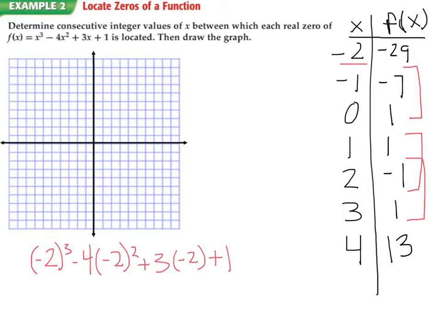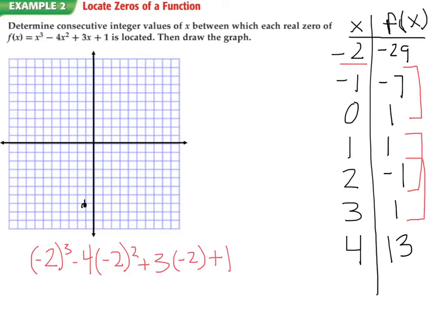So if we look at those values, we could go ahead and we can sketch what the graph is going to look like. So let's go ahead and do that. So we have negative 2, negative 29, which is going to be way off of our chart, but we do have negative 1, negative 7 that we can graph. It's about right there.